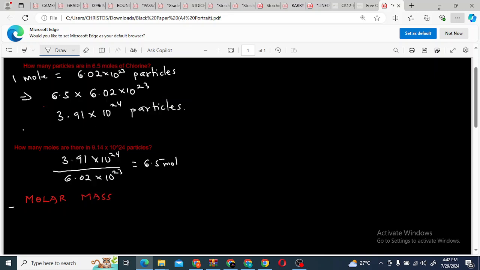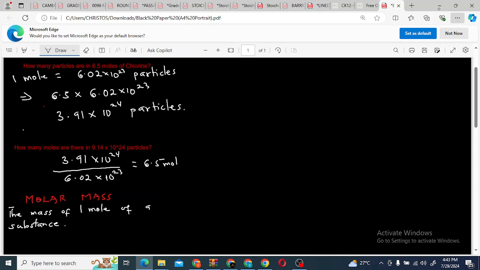So molar mass is just the mass of one mole. It is not the mass of a molecule per se, as some of you students like to call it. Molar mass is not necessarily molecular mass. Molar mass simply means the mass of one mole of a substance.